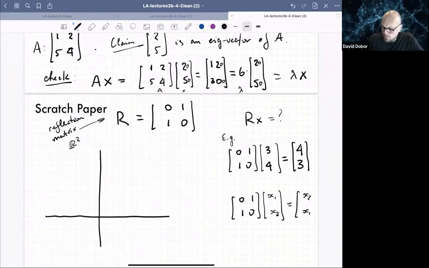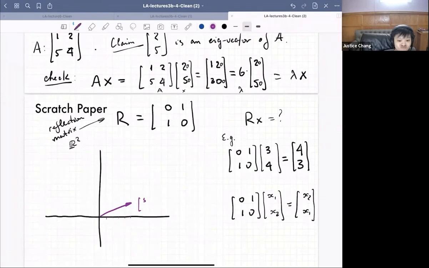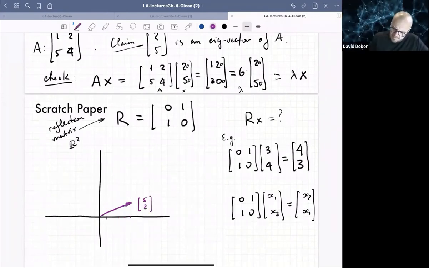Well, what does this mean geometrically? Let's take a look at a vector like 5, 2. 1, 2, 3, 4, 5, 2. What will it do to this vector? This vector here is 5, 2. It will take it to 2, 5.